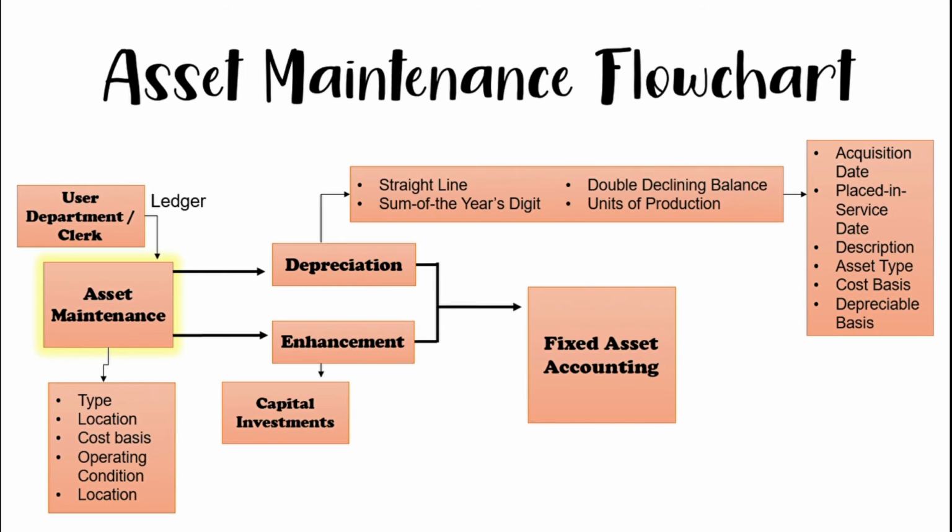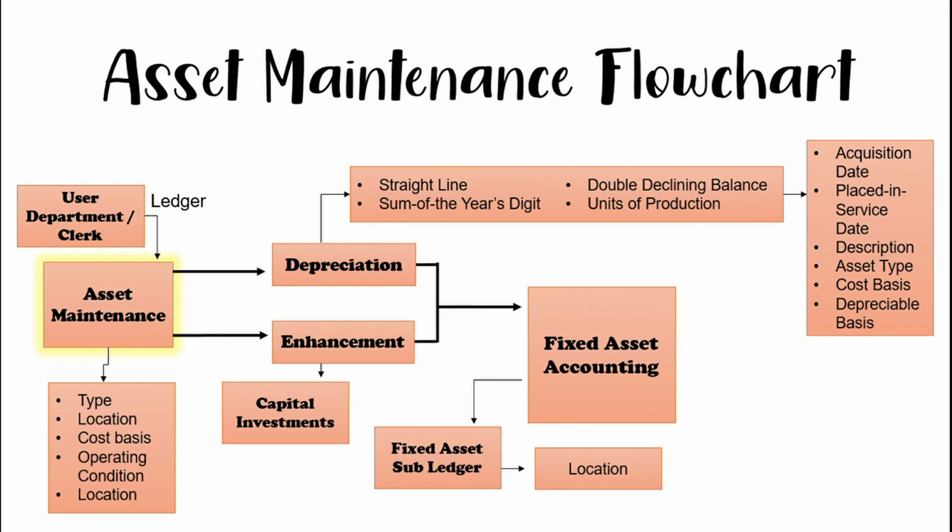When one department transfers custody of an asset to another department, information about the transfer should be recorded in the fixed asset subsidiary ledger. Each subsidiary record should indicate the current location of the asset. The fixed asset accounting department then creates a journal voucher to be reported to the general ledger.